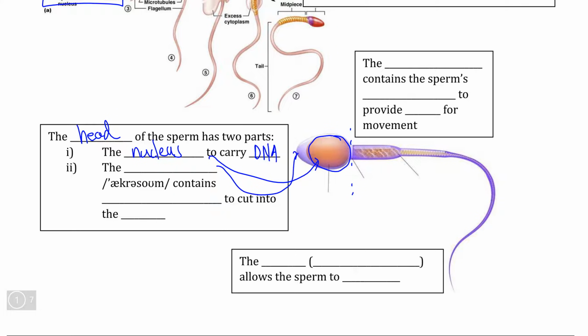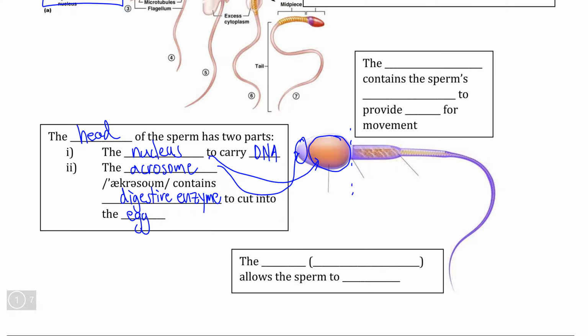Now, what all cells do not have, except for sperm, is a structure called an acrosome, which is usually found at the front of the head. Inside of the acrosome is an accumulation of digestive enzymes that are used by the sperm in order to be able to enter the egg.